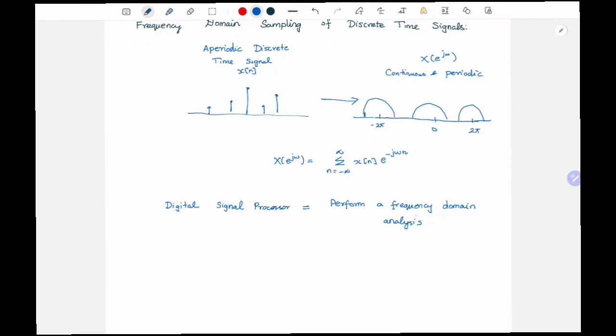So then if it is an X of e power j omega, if it is continuous in omega, then we won't be able to perform it on a DSP. So there is a requirement to discretize the frequency domain. So this is the requirement, and we'll now see how it is done, whether there is any loss of information, or if the signal can be reconstructed faithfully, and everything we'll see.